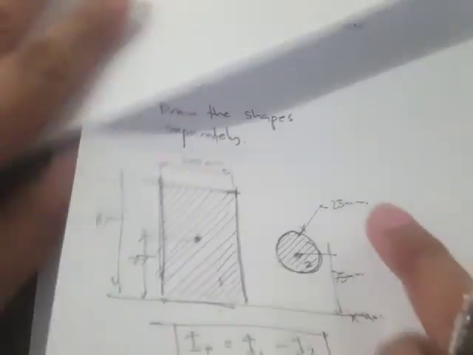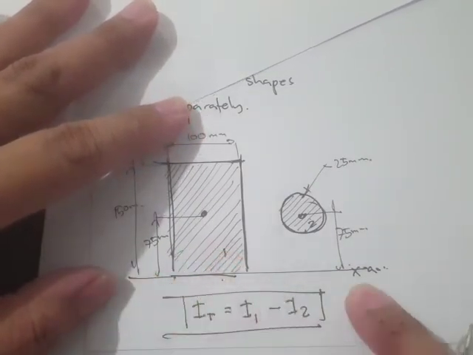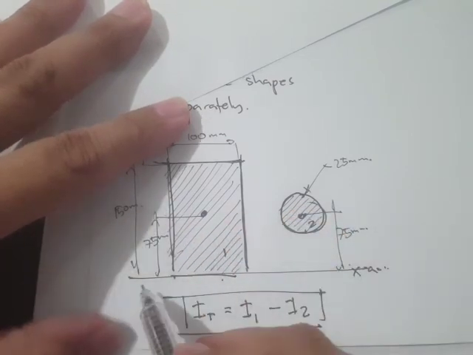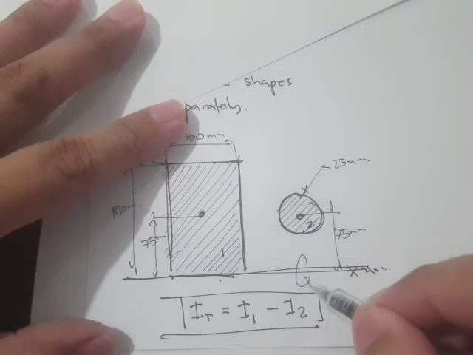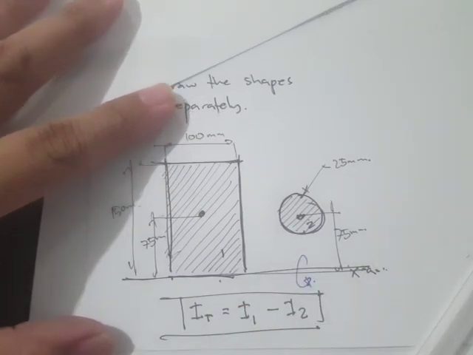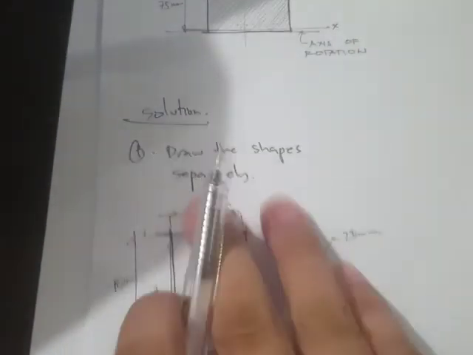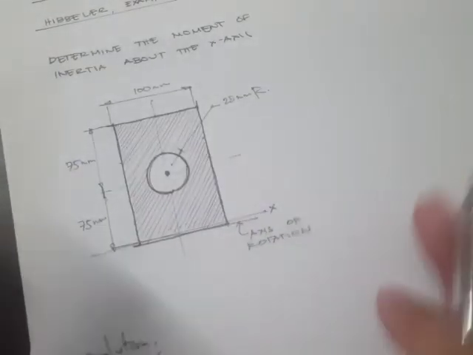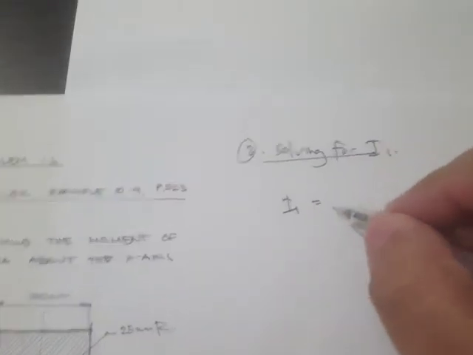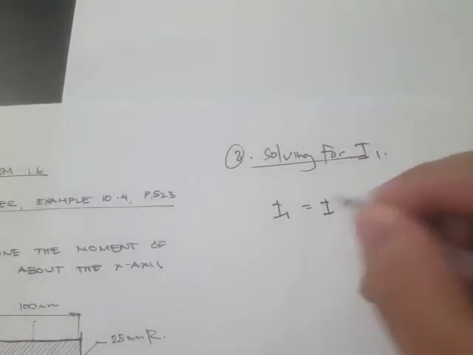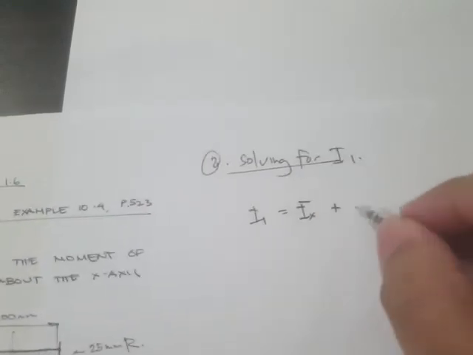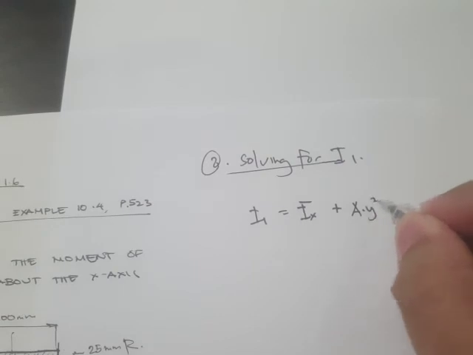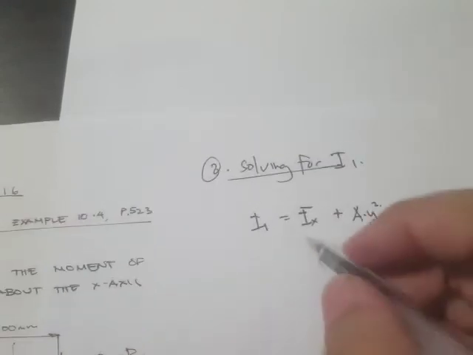However, we are not taking the axis of rotation along the centroid, but rather right here. So we need to use the parallel axis theorem. I sub 1 is the moment of inertia along the centroid plus the area times the square of the distance.